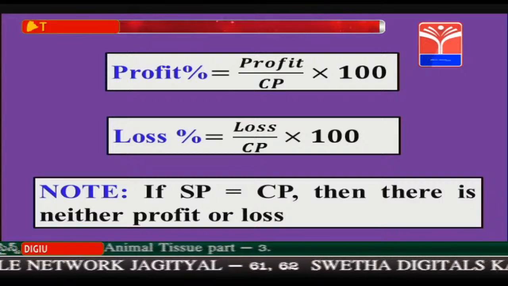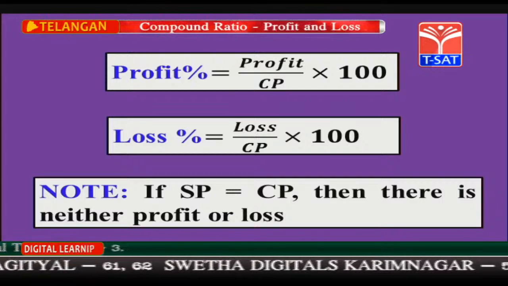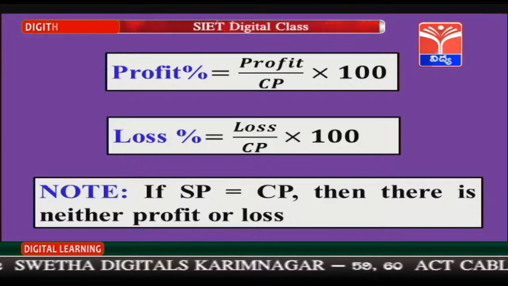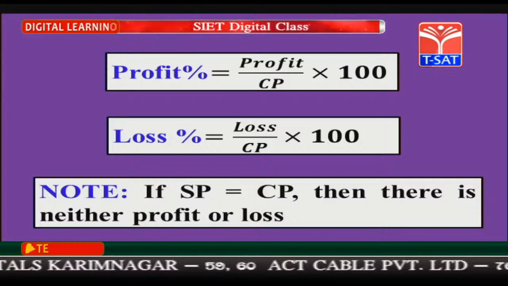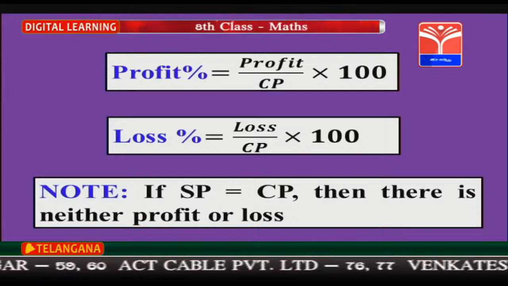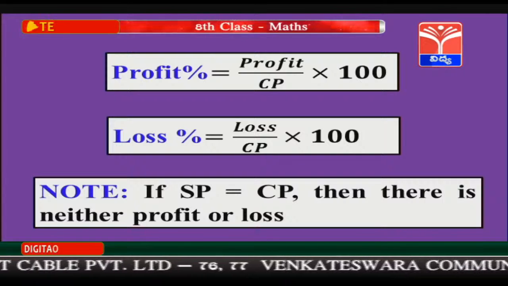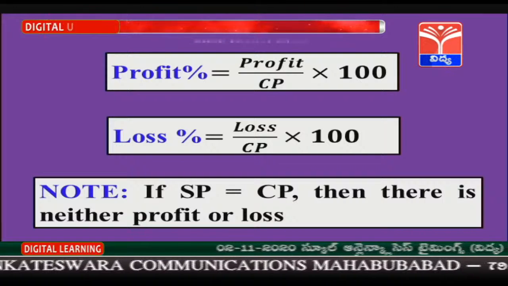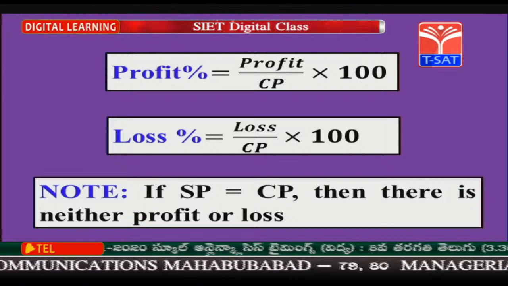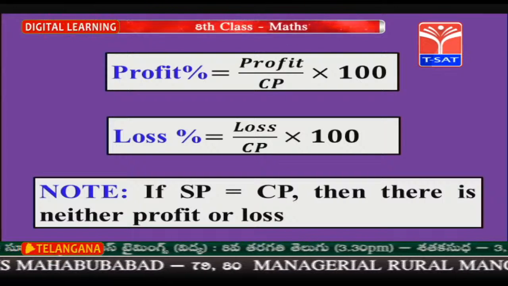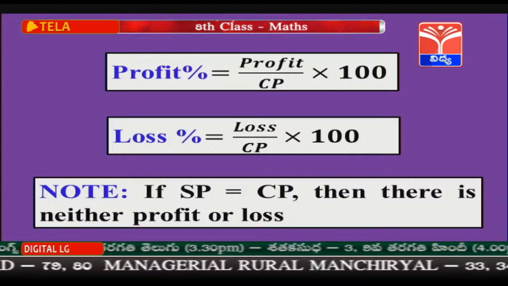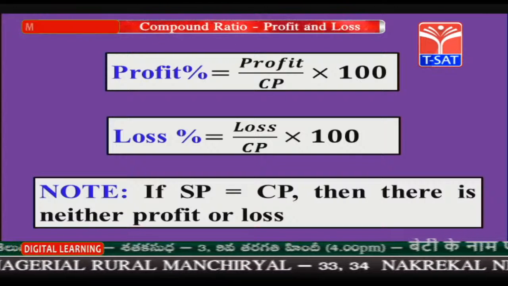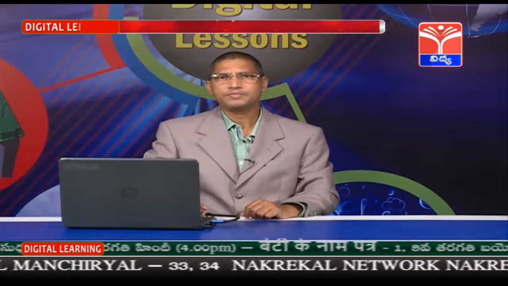And make a note, children, it is not necessary that we always get profit or loss on selling an item. Suppose the selling price and cost price both are equal, then in that case we neither get profit nor loss. For example, you purchased a pen for 5 rupees and you sold it for 5 rupees. That means you neither get profit nor loss. I hope you understood the concept very well.